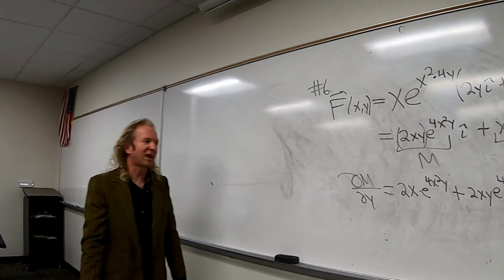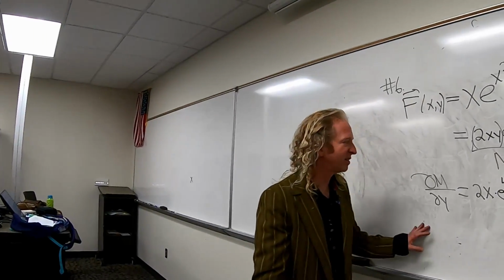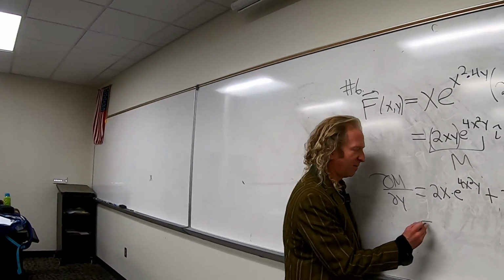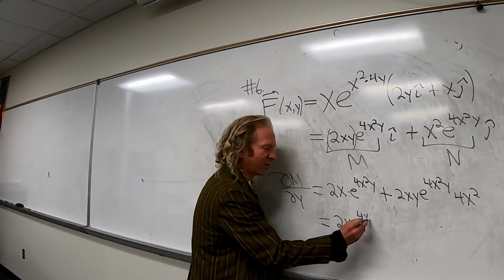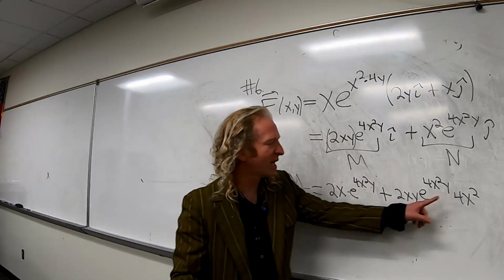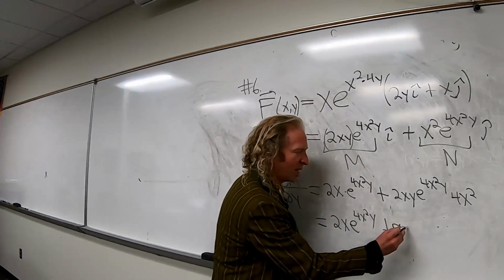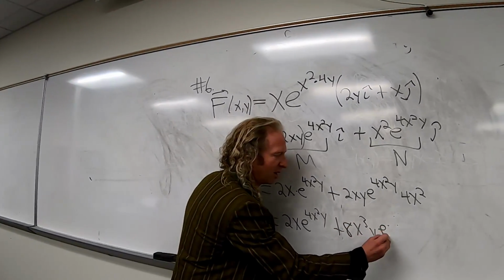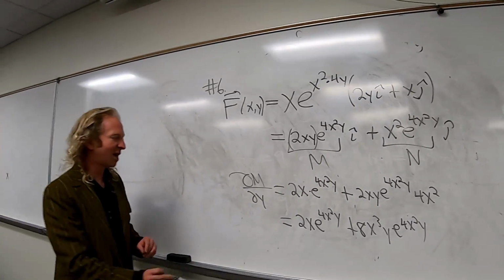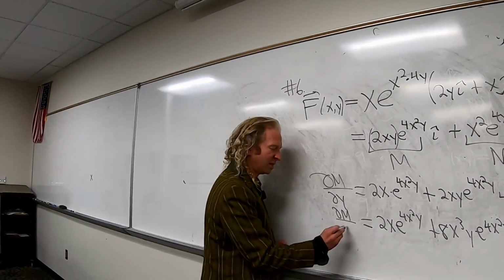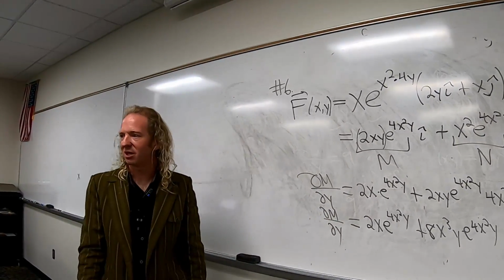So this is going to be 2x e to the 4x squared y plus 8x cubed y e to the 4x squared y. So that is del m del y. That's the first piece.